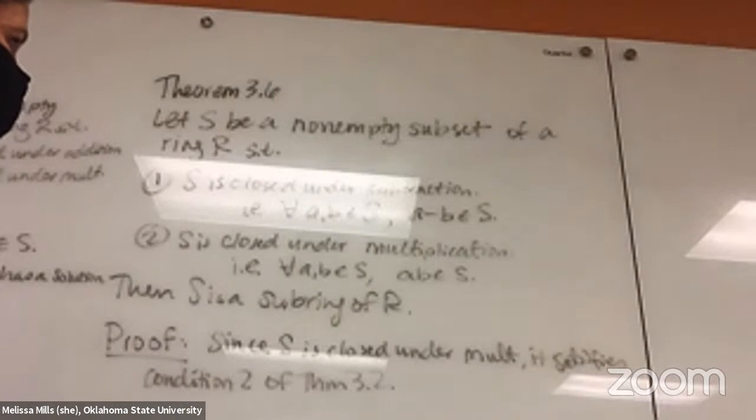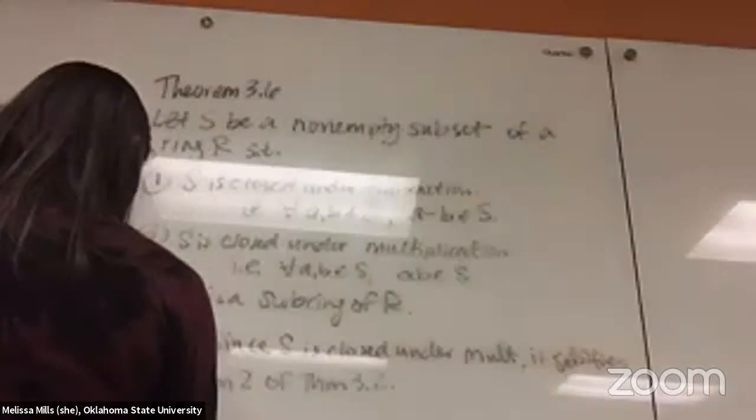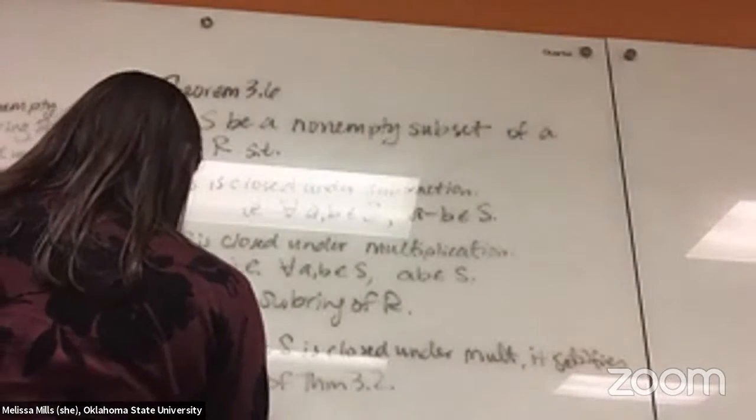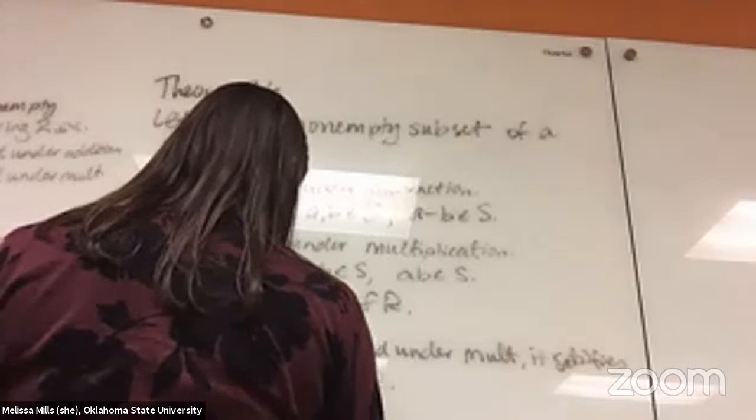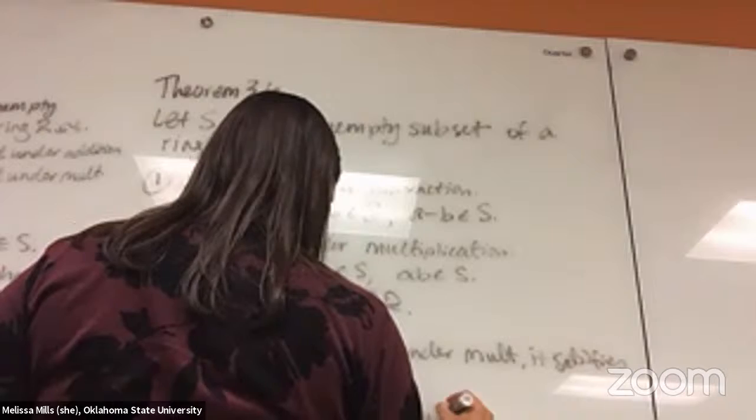Now, why might the rest of these things be true? So we're assuming that it's closed under subtraction and multiplication, right? Okay, so let's assume that S is closed under subtraction.